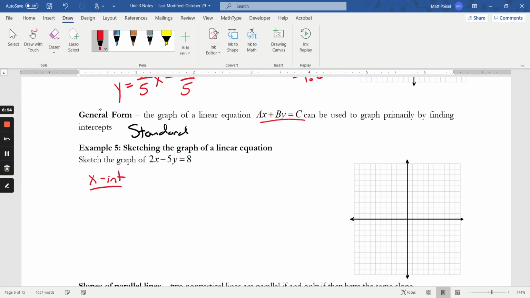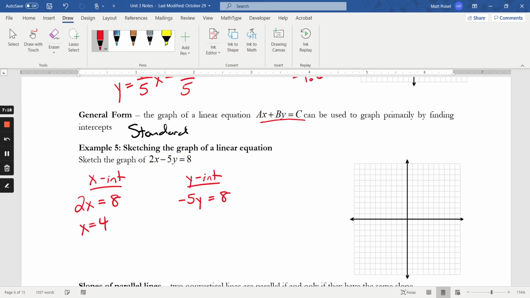So I'm going to find the x-intercept and the y-intercept. I'm going to use what's called the cover-up method, where we're going to basically just cover up the stuff we don't need. So remember, for the x-intercept, we only care about the x, so we're going to cover up the y, and so then all I see left is right there. For the y-intercept, I only care about the y, so I'm going to cover up the x.